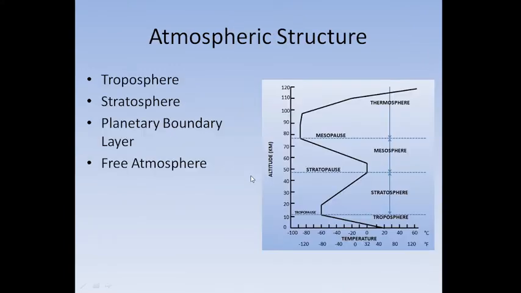All right, atmospheric structure. We talked before about how we are in the troposphere, the lowest level of the atmosphere, and typically temperature decreases with height. You get to the transition between the troposphere and the stratosphere. That is your tropopause: no temperature change with height.